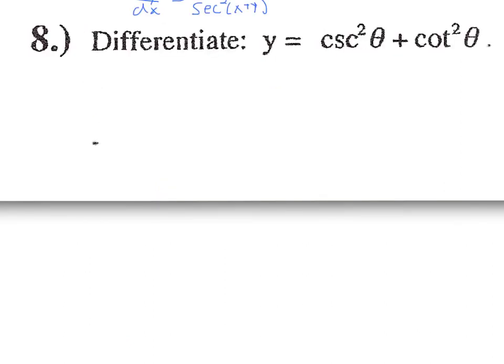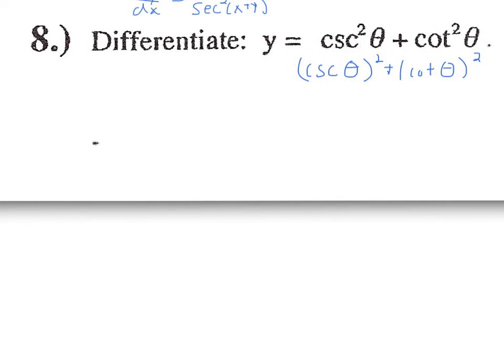For number 8, we want to differentiate cosecant squared theta plus cotangent squared theta, which I'm going to rewrite as (cosecant theta) quantity squared, which means we'll have to use the chain rule, plus (cotangent theta) quantity squared. So first we need to do the derivative of the outside function, which is the squared.